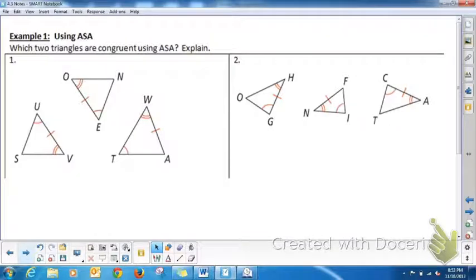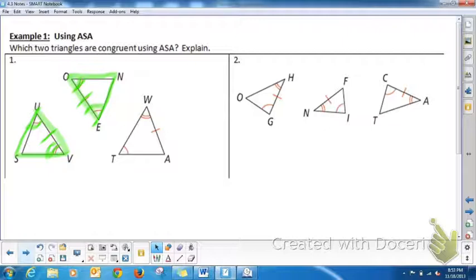So example 1, using angle, side, angle. Which two triangles are congruent using angle, side, angle? Explain. Well, take a look at this first example. We have this triangle, UVS, and we have an angle, a side, and an angle that's marked congruent to triangle EON with an angle, a side, and an angle.